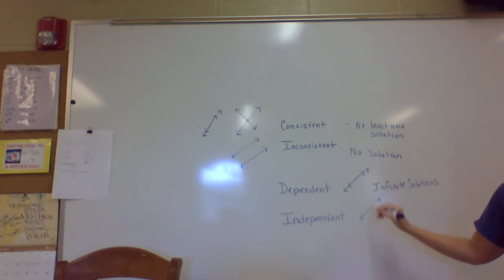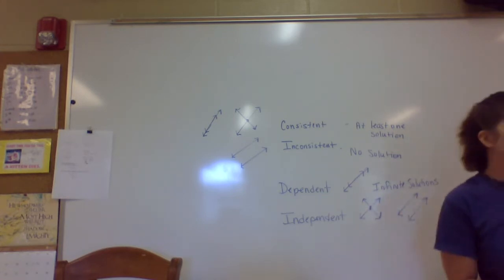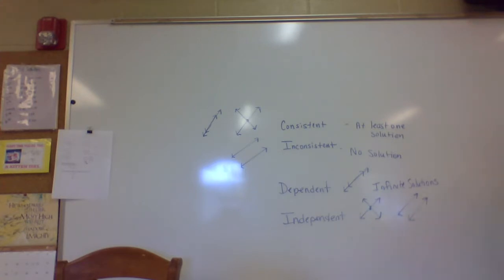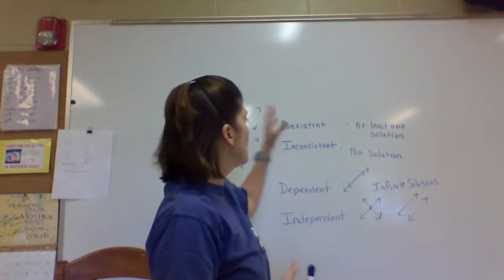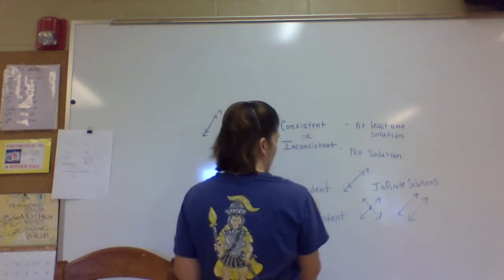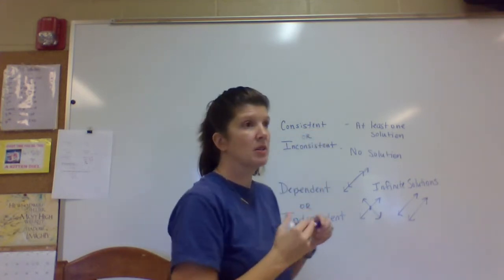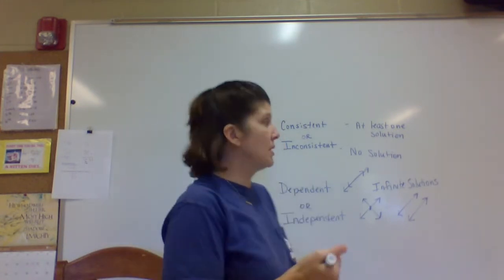So that could be either this, or it could be this situation where they have no solution. So either one or none. It just means they're not exactly the same line. So every time we solve one, we can use one of those words and one of these words to describe it. So this is just a vocabulary lesson.